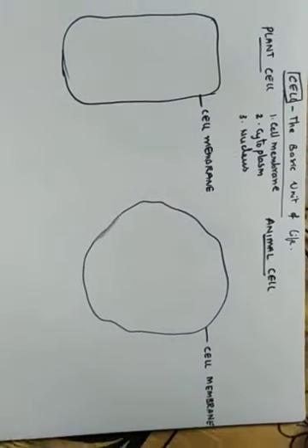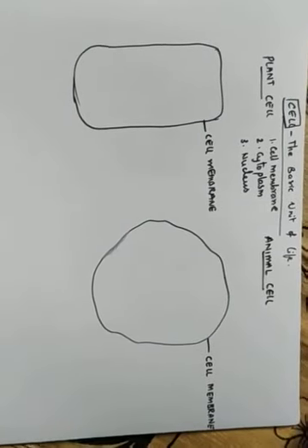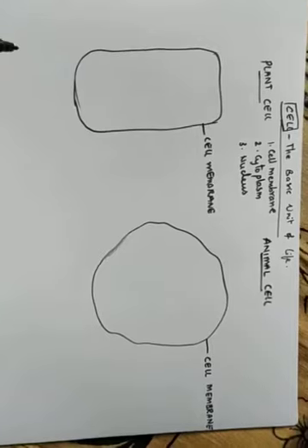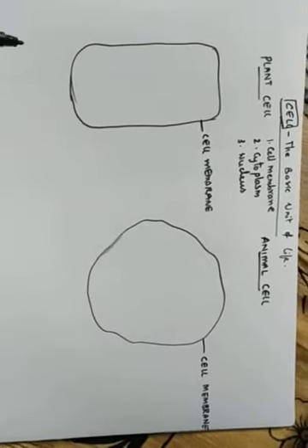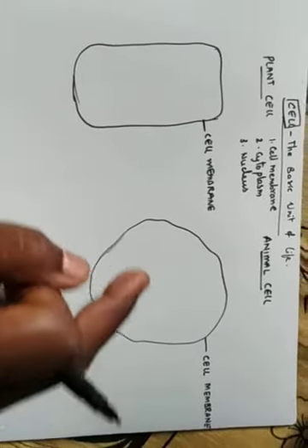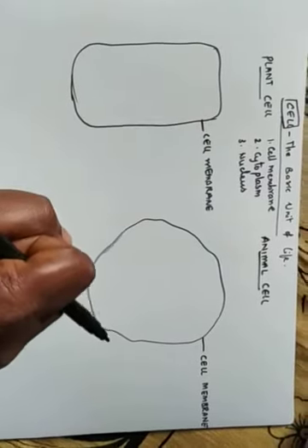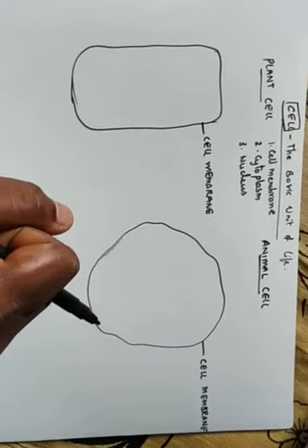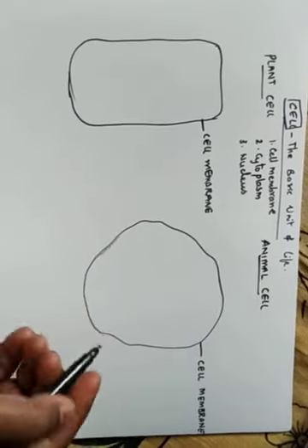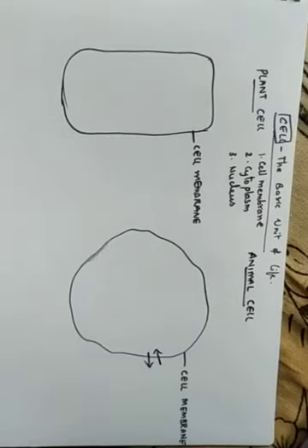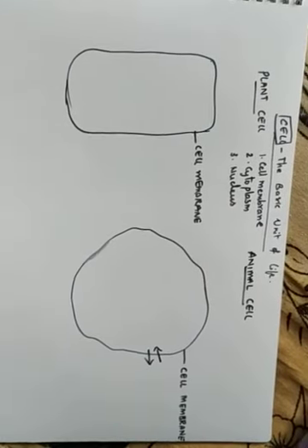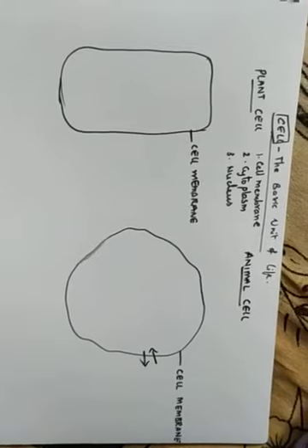This cell membrane is the outermost covering which gives a shape to the cell. Because of this cell membrane, every cell got a shape. Not only does it give the shape, it allows some substances to go inside and some substances to go outside. Is it clear? Right?